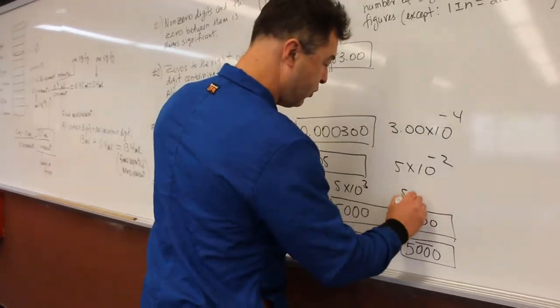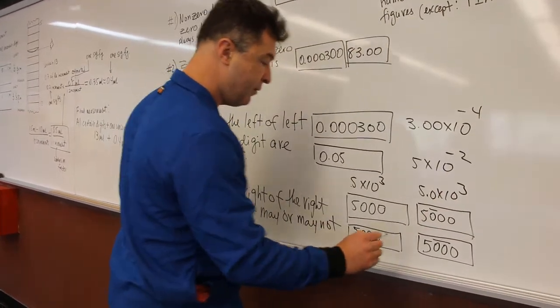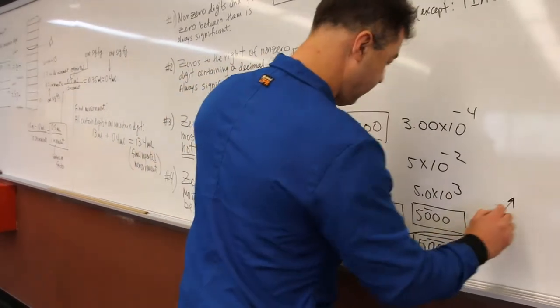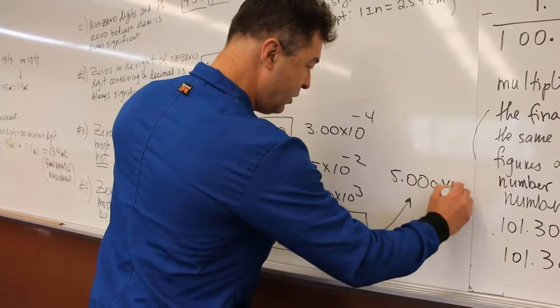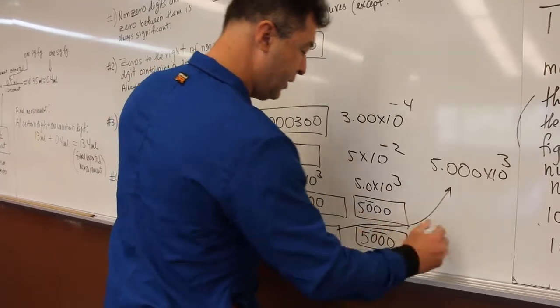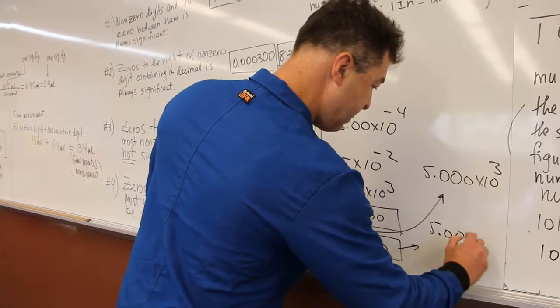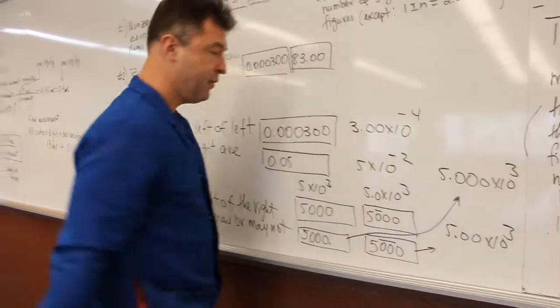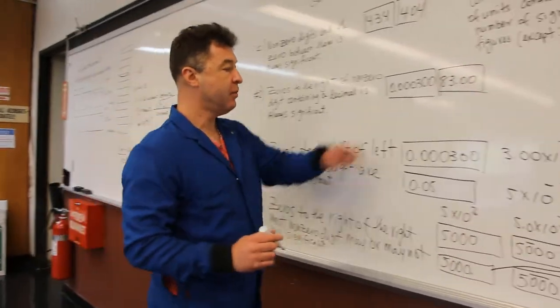This one is 5.0 times 10 to the positive 3. This one here is 5.000 times 10 to the positive 3, and again, 4 significant figures. And this one is 5.00 times 10 to the positive 3, okay? Now, what about this number here?